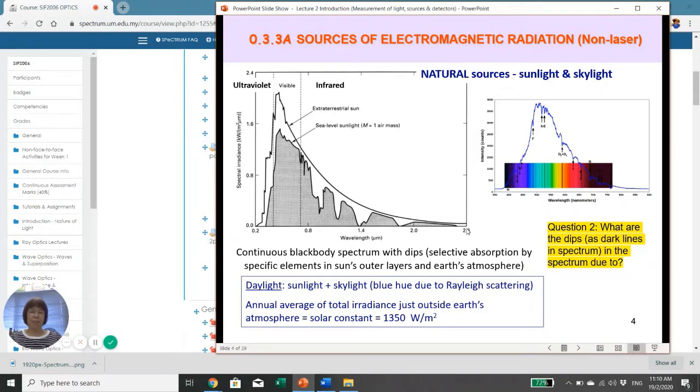And as far as sunlight is concerned, the Earth receives an average amount of irradiance of 1,350 watts per meter squared. This is an annual average value, which is called the solar constant.